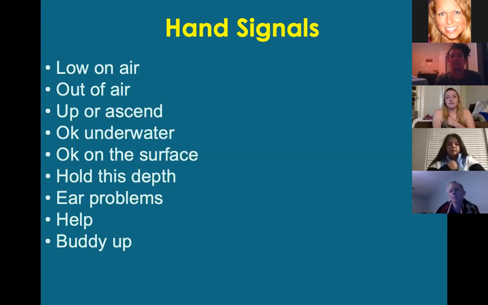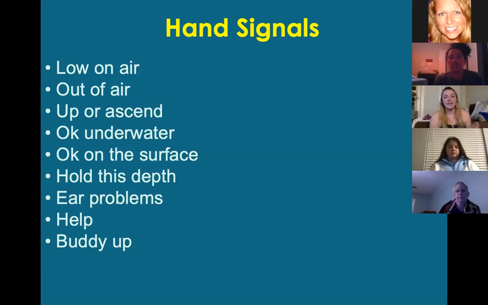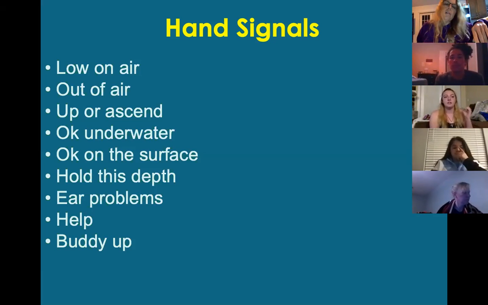And we don't do this very much at all. We'll usually ask you how much air you have in PSI, and you'll tell us using your fingers. So if you have 2,500 left, you'll give us a 2, a 5, and then 2 zeros.